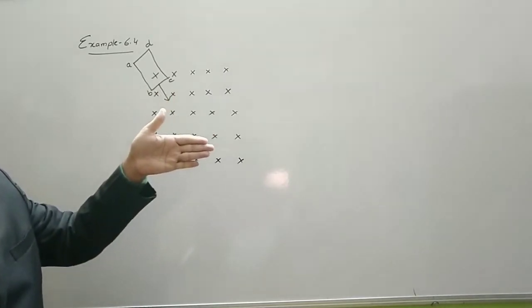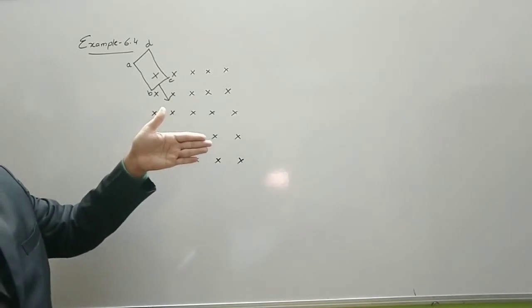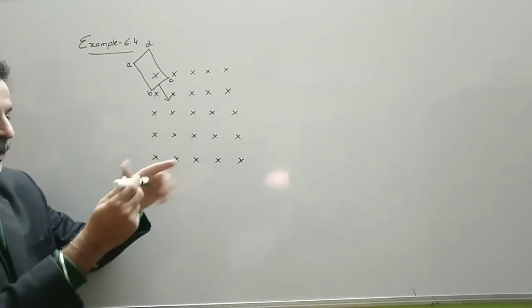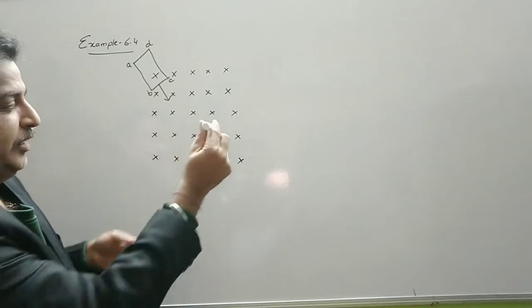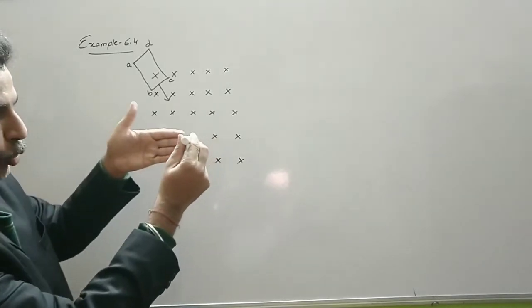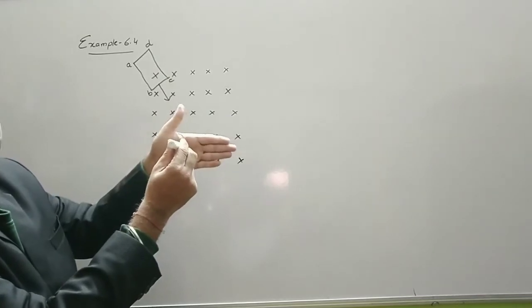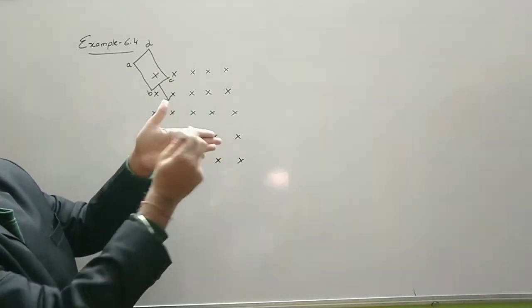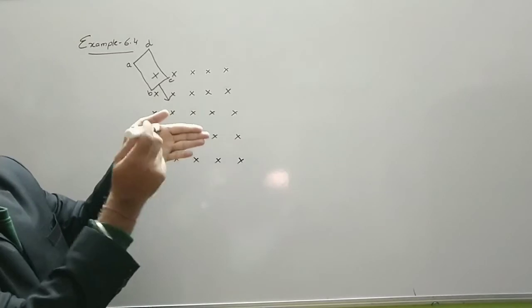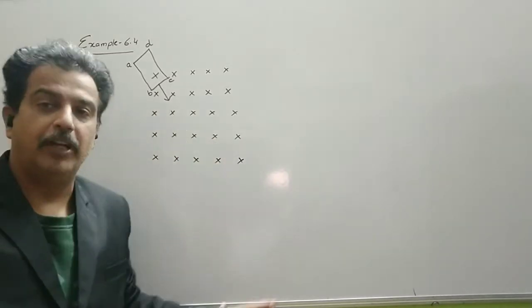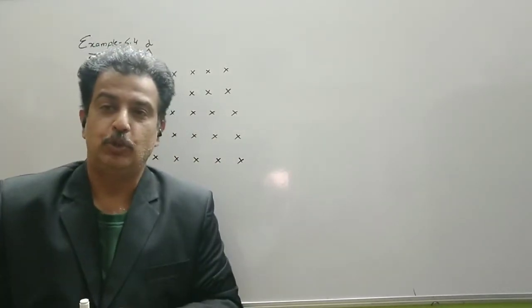The loop is coming into the magnetic field region, so the number of field lines crossing this rectangular loop increases. That is a change in the flux, so there will be an induced current.